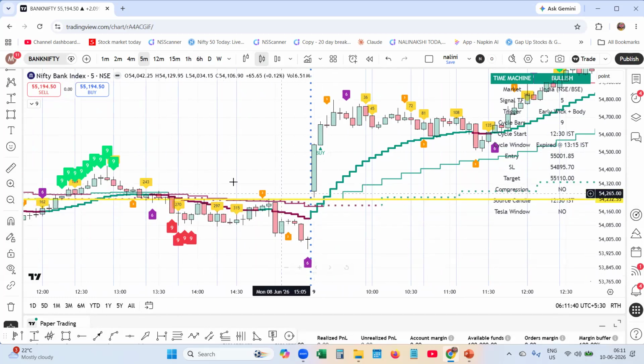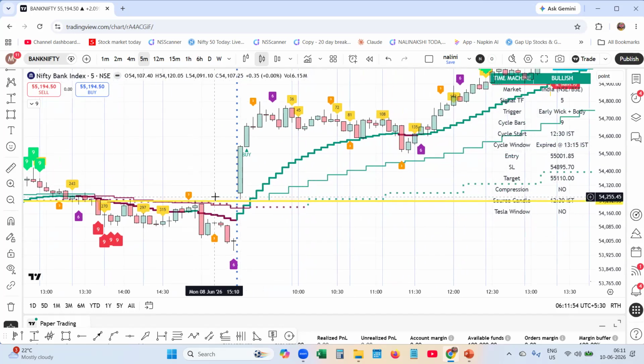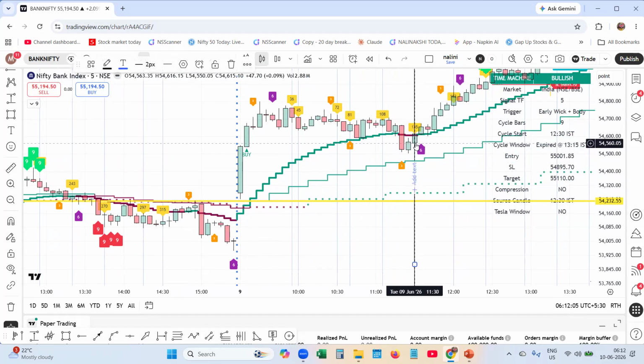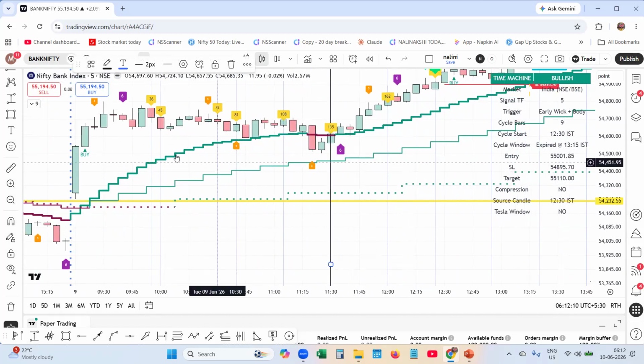Energy was building over here yesterday. That's why it was a huge gap up, a huge candle. And you tend to fear to enter into this candle because you are an intraday trader. Then what is the solution? Through the time cycle, the 135 time cycle, there my Tesla machine comes. You are waiting through the time cycle and energy flow.